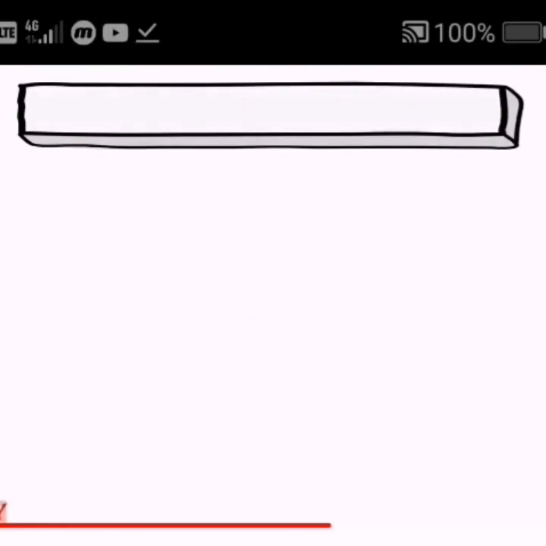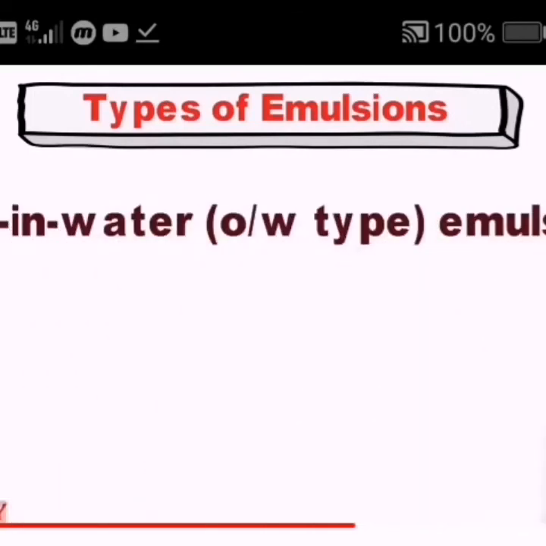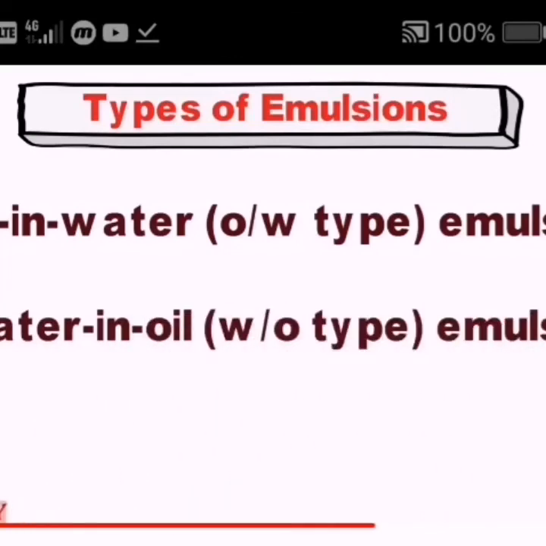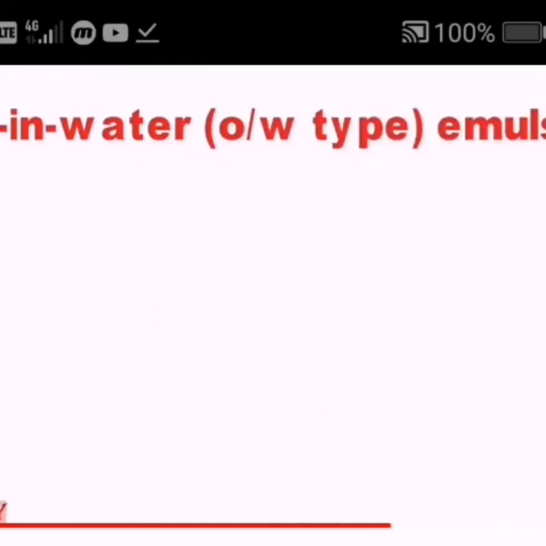Our next topic is types of emulsion. There are two types of emulsion. The first one is oil in water type emulsion and the second one is water in oil type emulsion. Let's first discuss oil in water type emulsion.